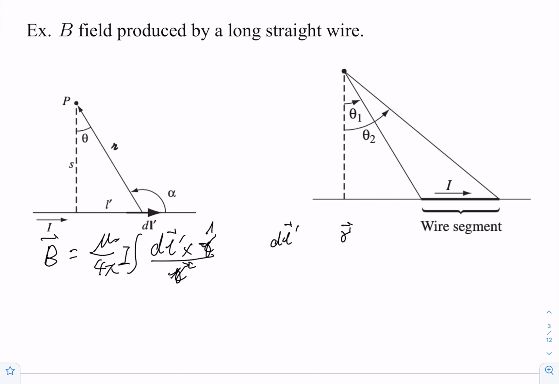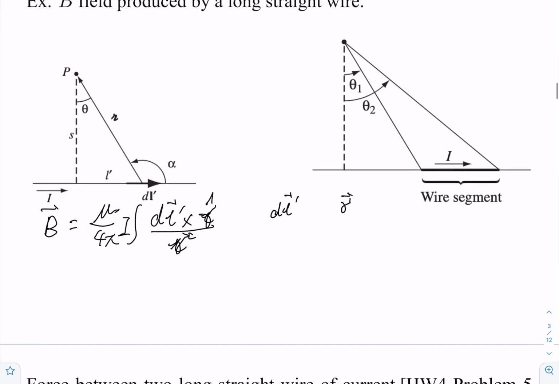For the dl, the cross product of dl with the separation vector equals dl times the separation vector amplitude times the sine of the angle between them.